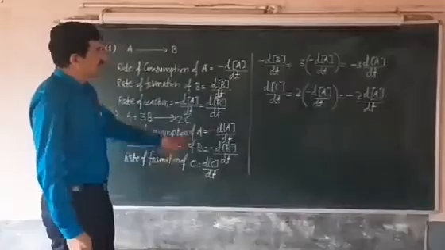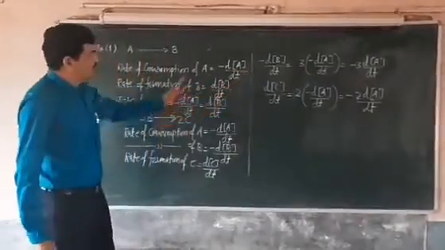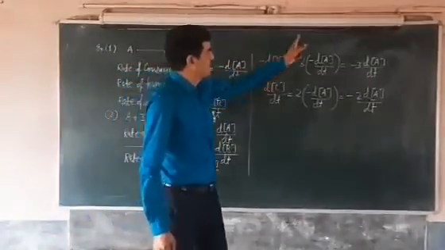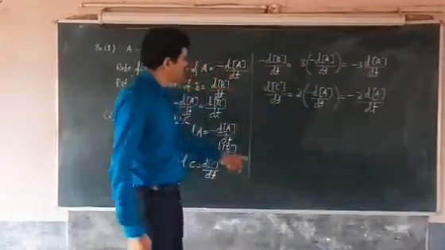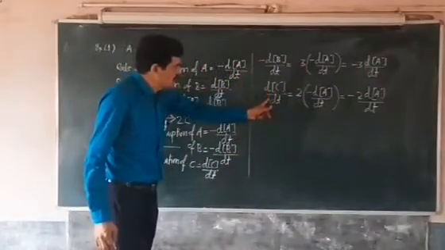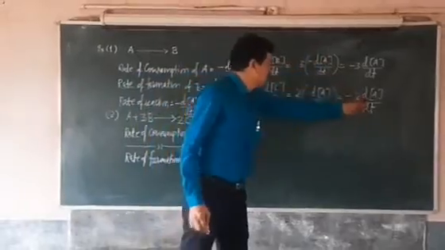So in this way we have related the rate of consumption of B with the rate of consumption of A, as well as the rate of formation of C with the rate of consumption of A.